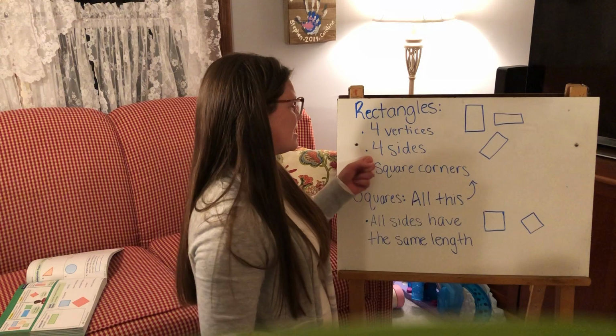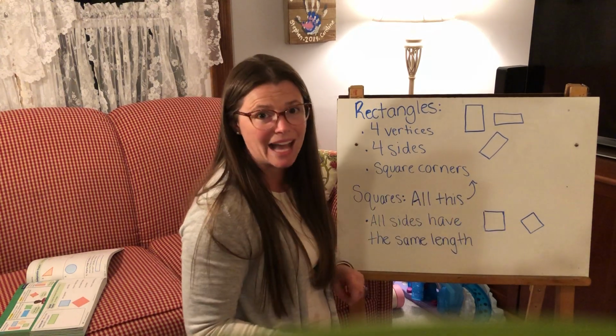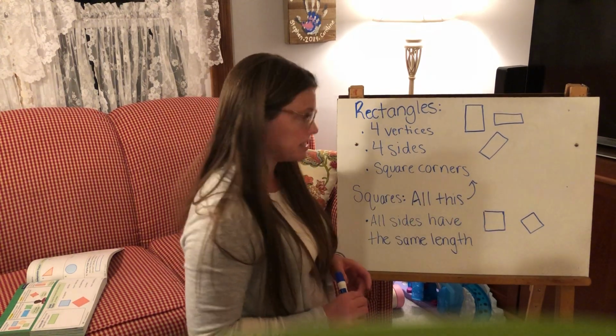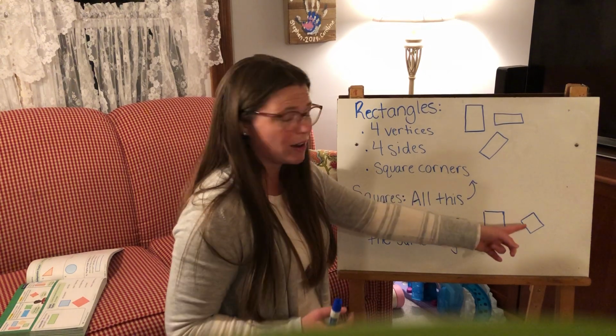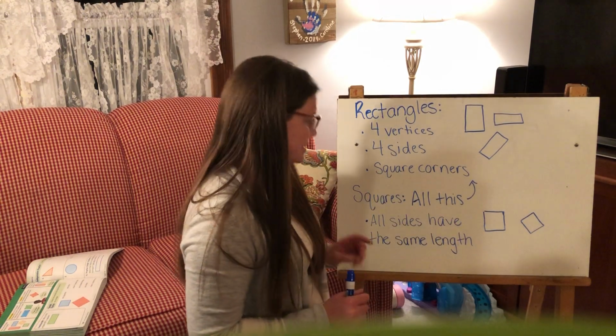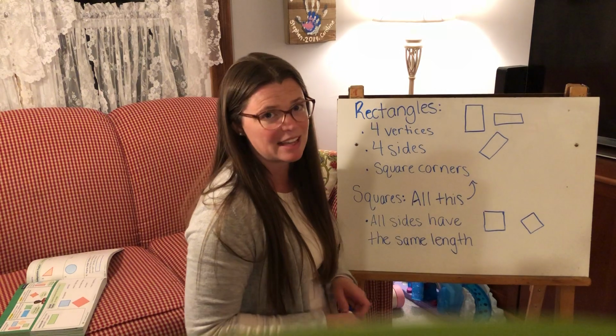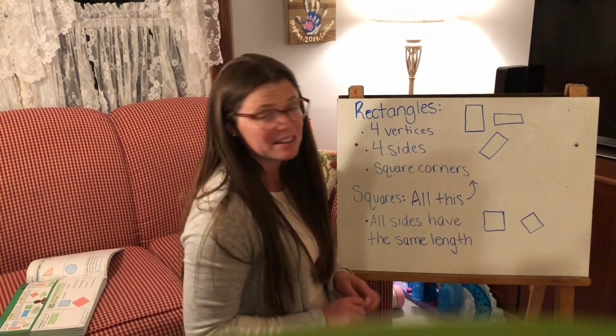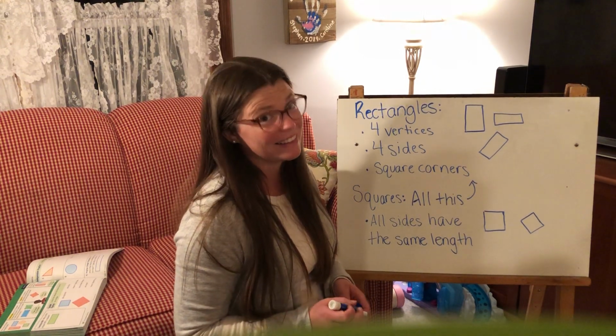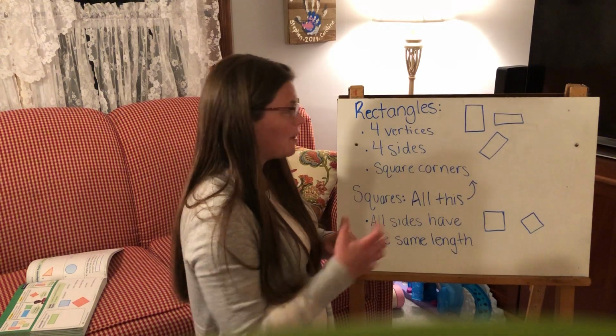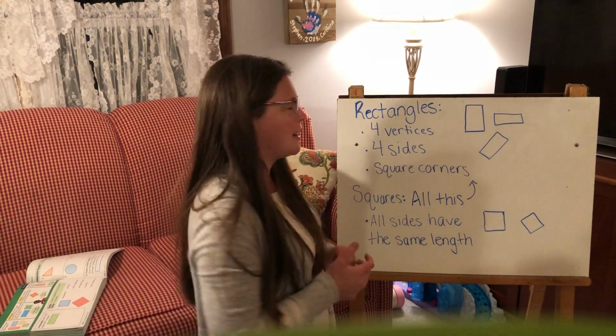Yes. Does it have 4 sides? Yes. Does it have square corners? Yes. Are all the sides the same length? Yes. So is that a square? Yes, it is, even though it looks a little bit different.